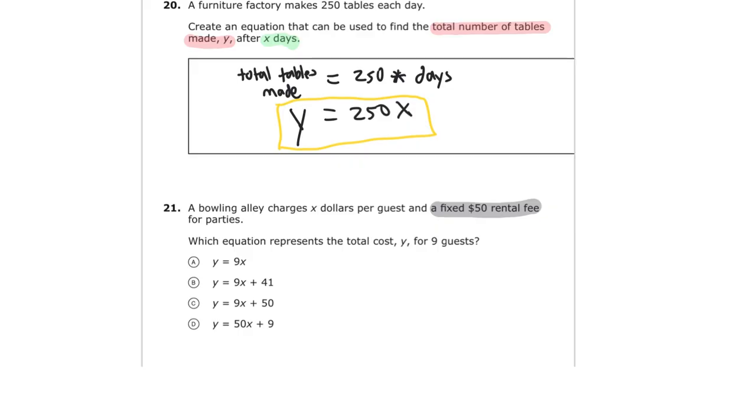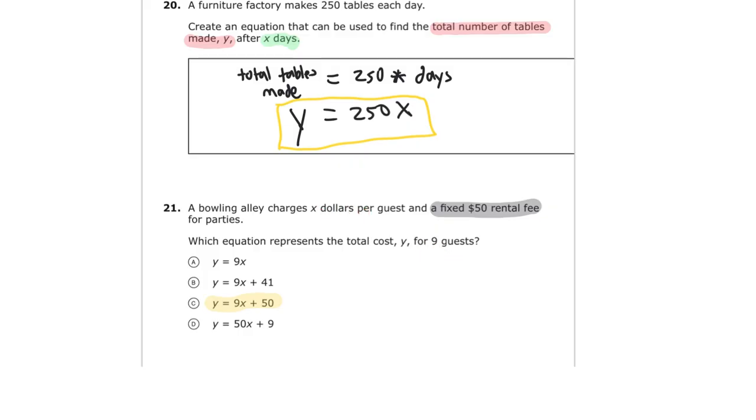And the only answer choice that's doing that is answer choice C, where you have this 50 all by itself. Now, what's being communicated here is that Y is how much the bowling alley charges, how much the bowling alley is going to cost, we could say, for a particular party. It's X dollars per guest, right?